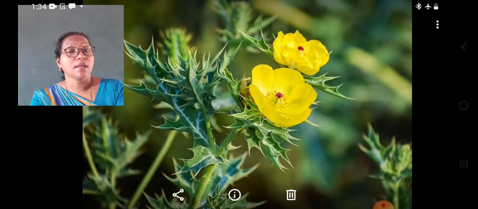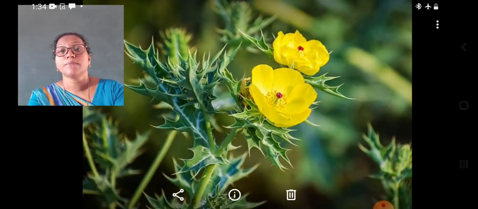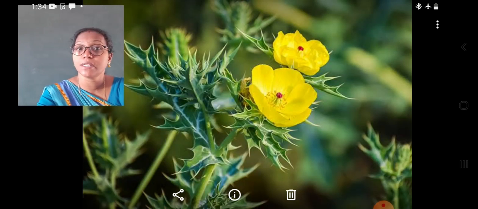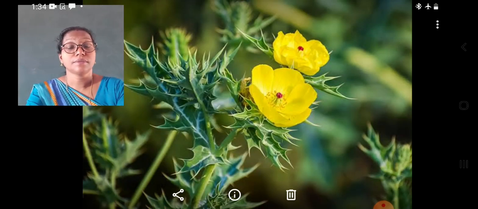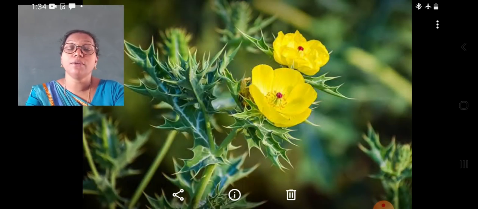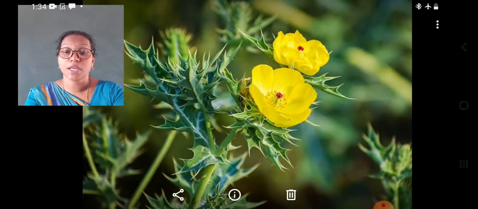So students, in this video we have seen the parallel and reticulate venation present in the leaves. We studied simple and compound leaves. We also studied the modifications like leaf tendrils and the modification of leaves into spines, especially in the desert plants.